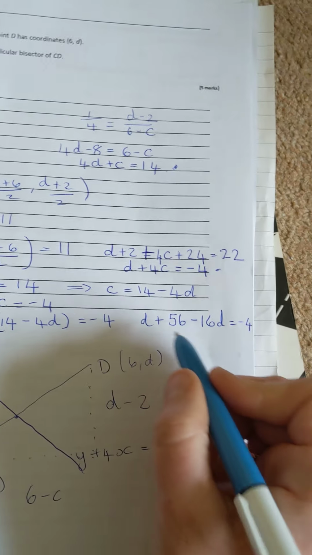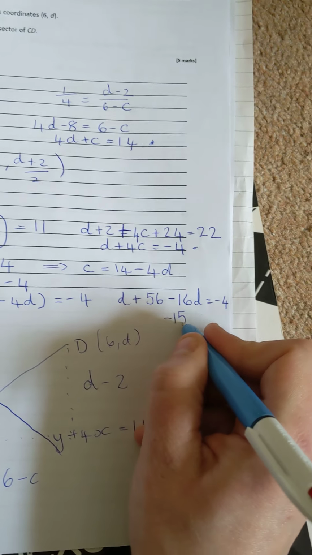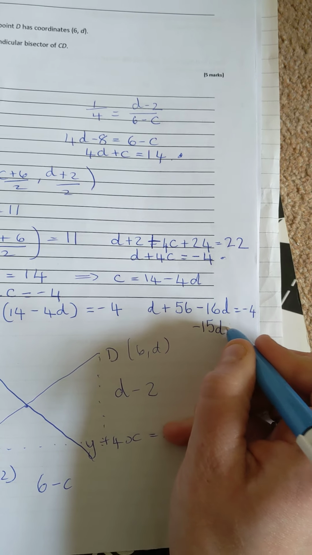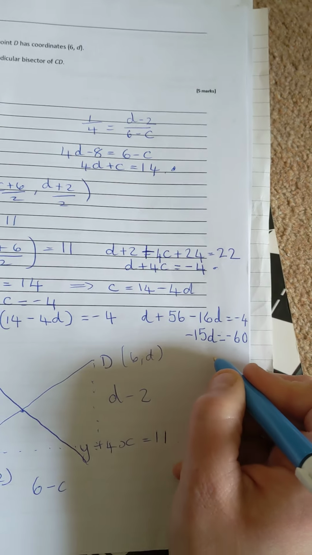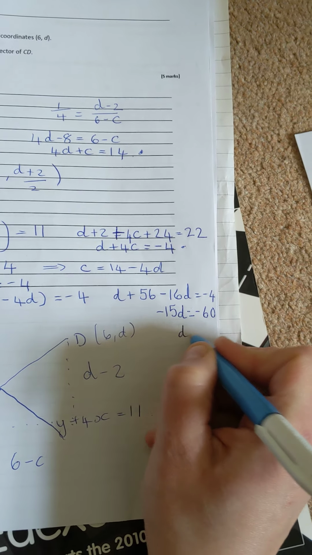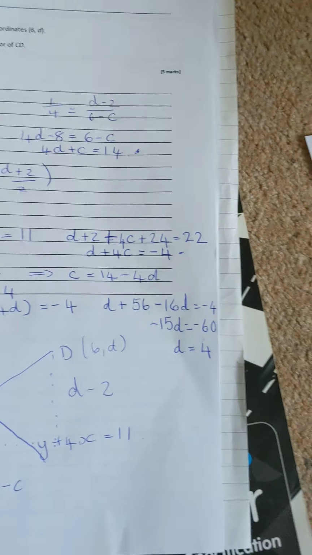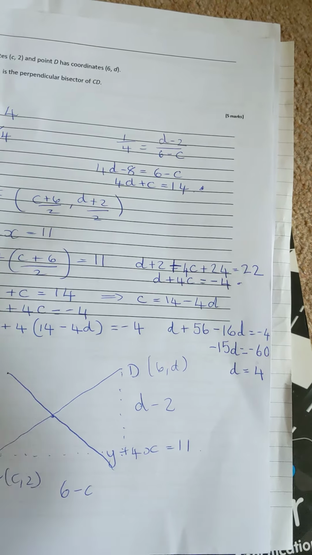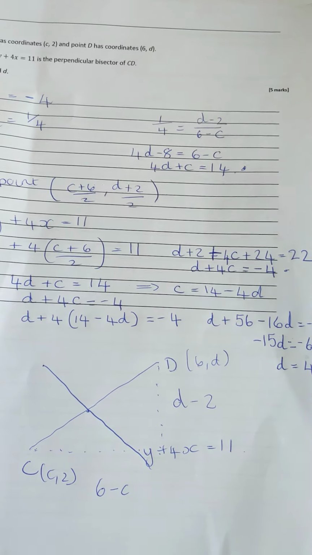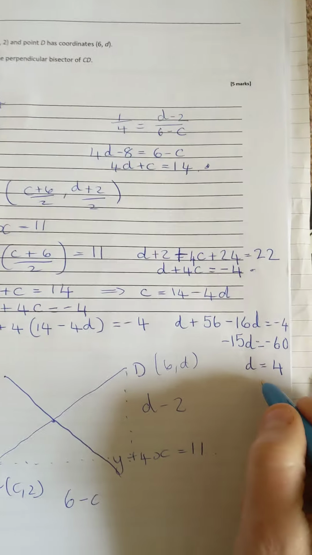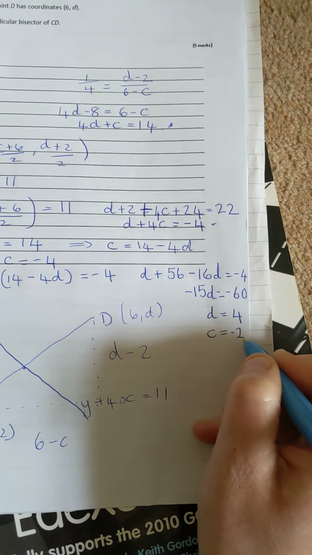And subtract 56 from both sides. We end up with minus 15D equals minus 60. So D is 4. And if D is 4, we can substitute back into whichever one we want, and we end up with C equals negative 2.